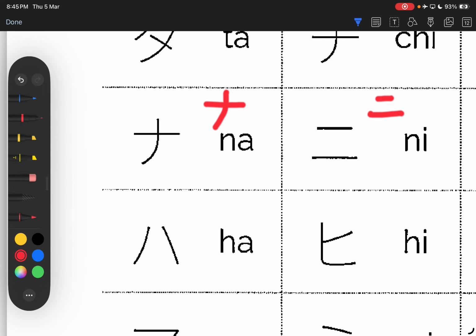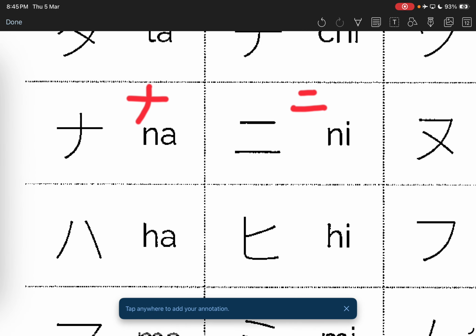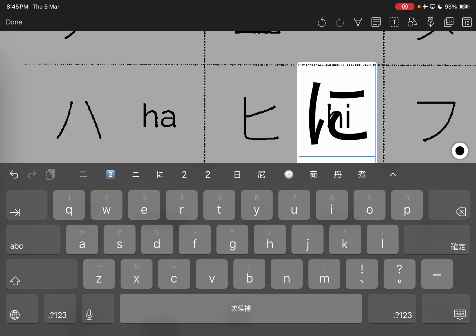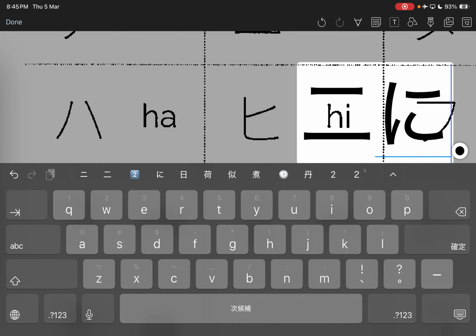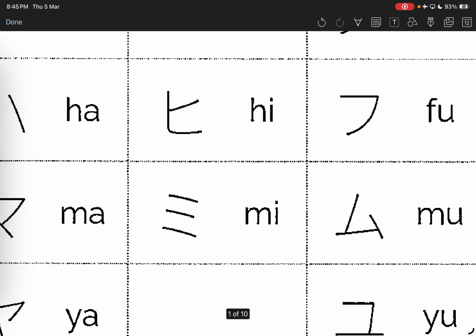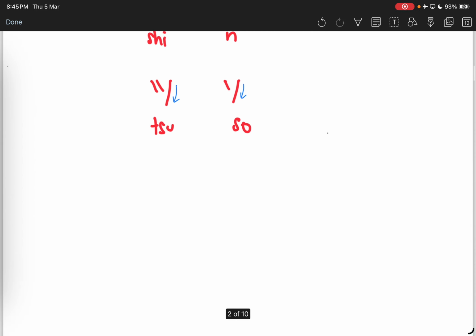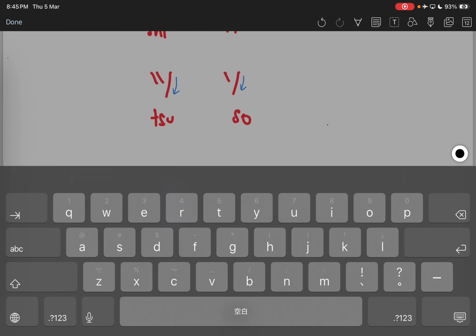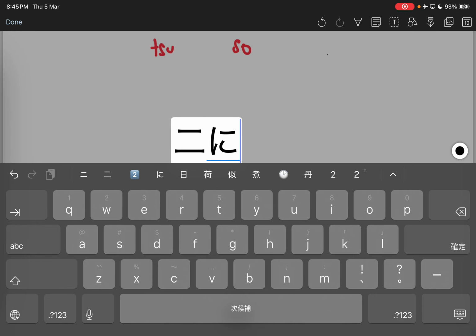Alright. In case you're wondering, the katakana ni versus the number 2 in Chinese. Let me show you the difference. So ni and ni. Can you see the difference?